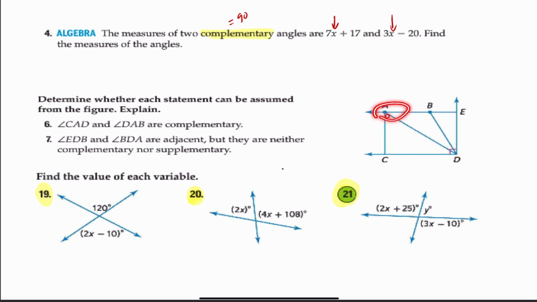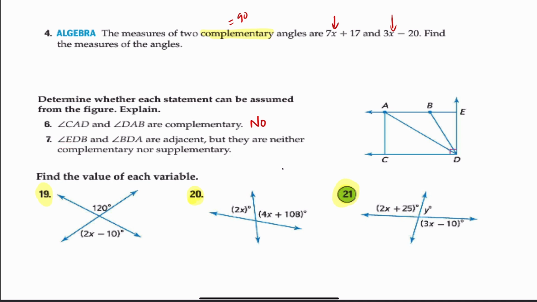We cannot assume this is 90 degrees unless it's stated that it's a rectangle or some sort of quadrilateral, unless there's a square there, or unless it's stated somewhere in the question. But we don't see any of that, so we cannot assume that these two angles are complementary. Okay? So no, you cannot assume that this is a 90-degree angle.